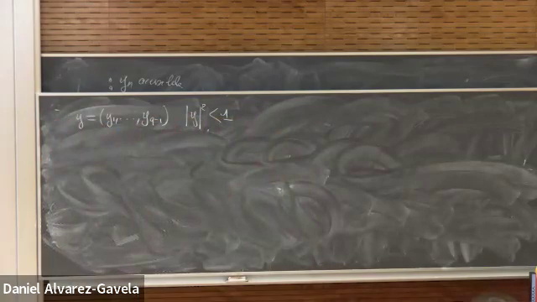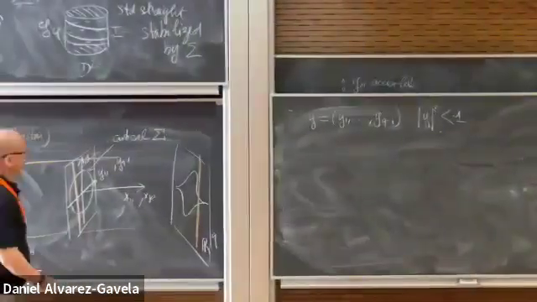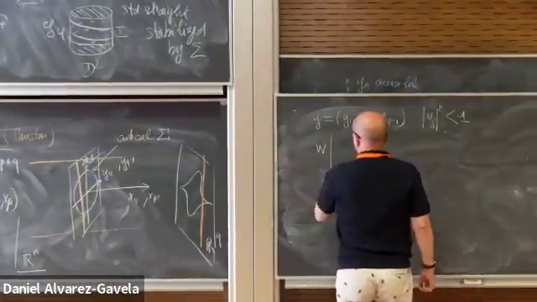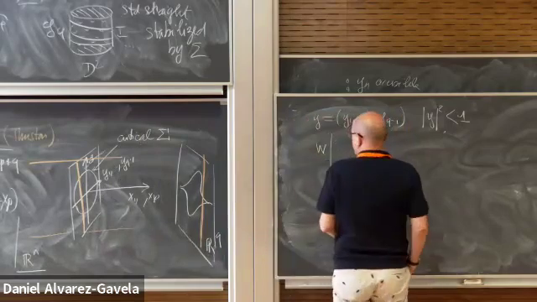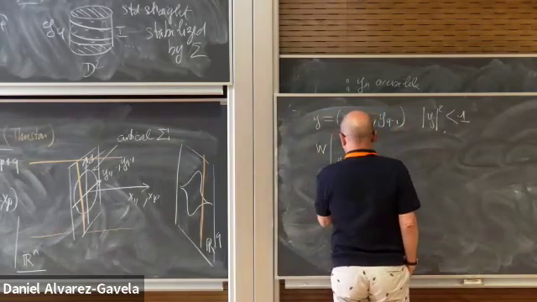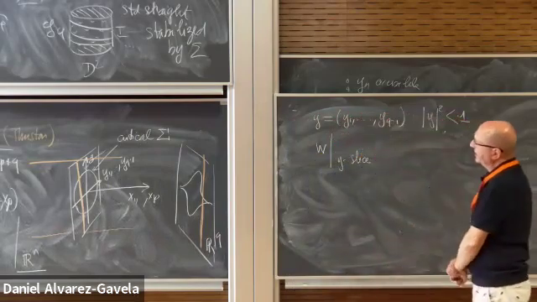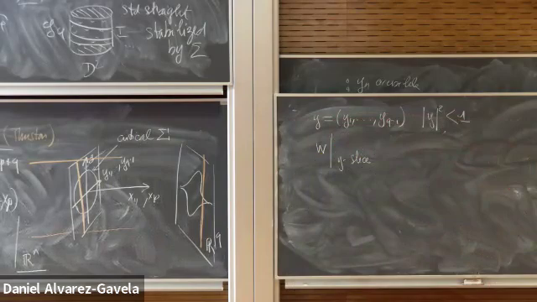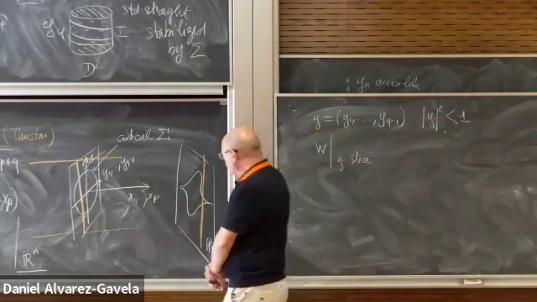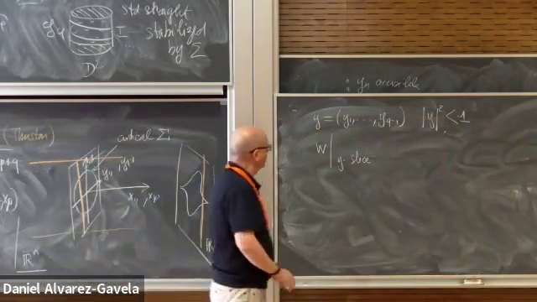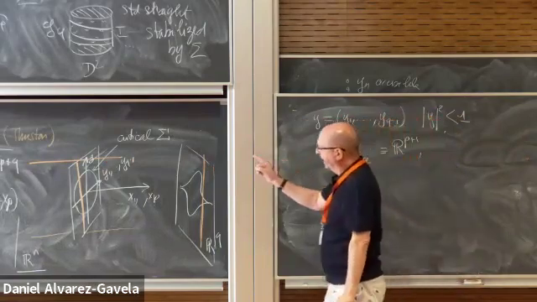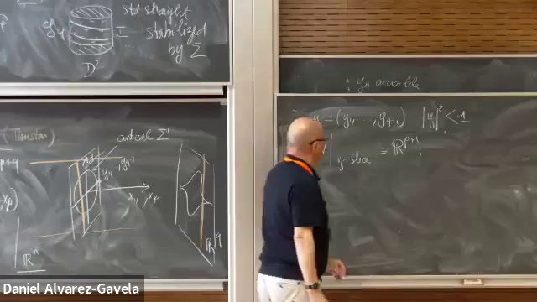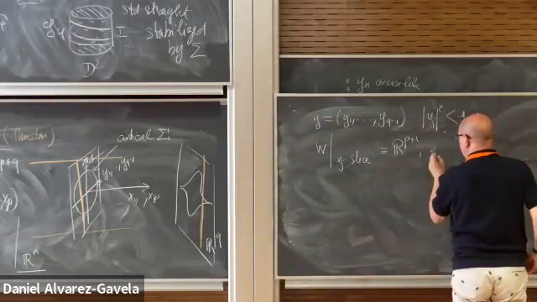Which is mapped... wow. So W restricted to this slice, y equals constant, you see exactly R to the p plus 1 with a one-dimensional wrinkle, with a one codimensional wrinkle.